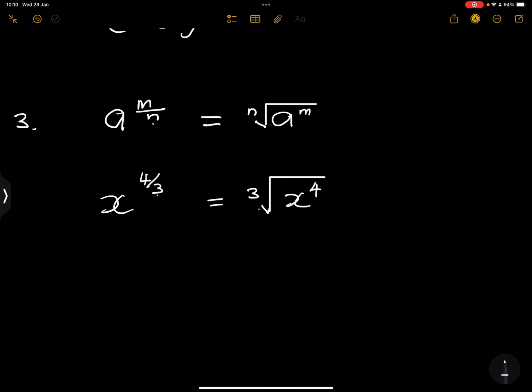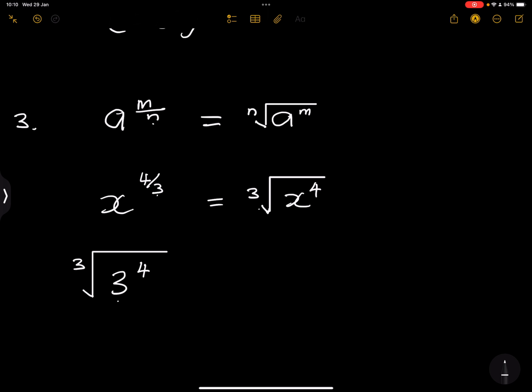If we were to apply this the other way around, let's say if we had 3 raised to the power of 4, and we are taking the cube root of that.